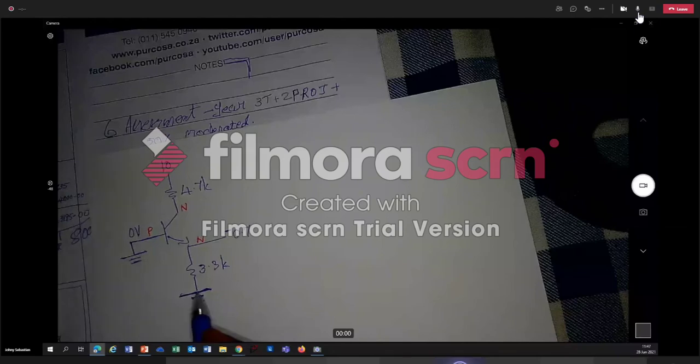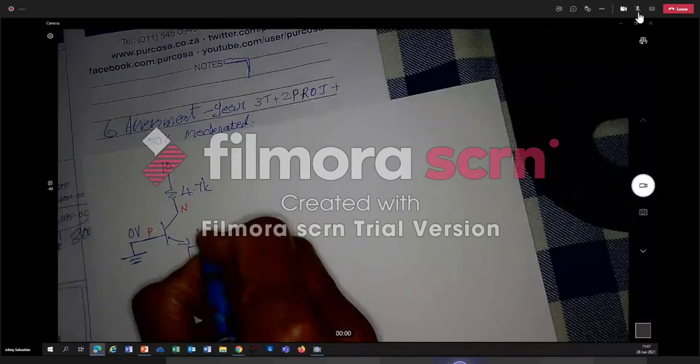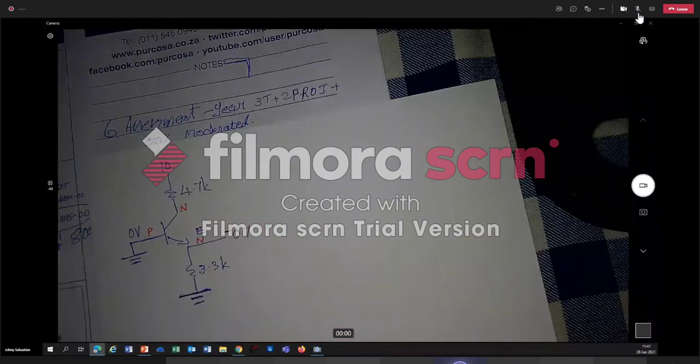Man, what are you talking about? Where is the emitter? That is emitter. This is base. That is collector. Is the emitter and base connected together?